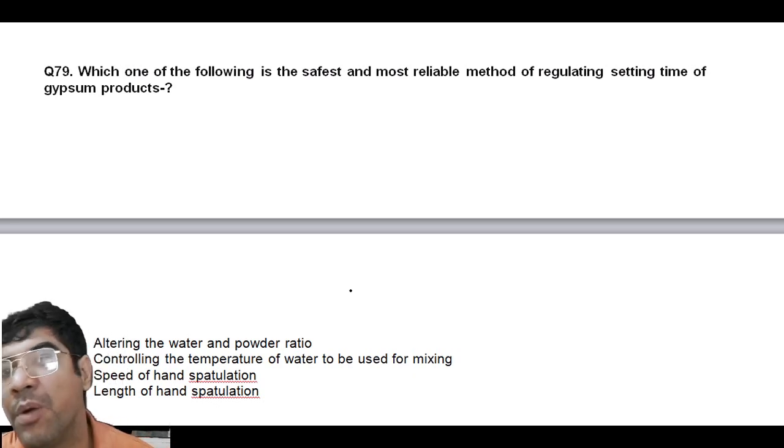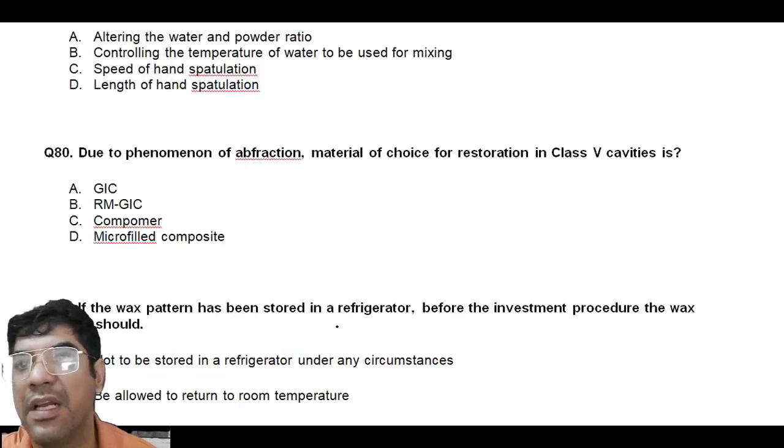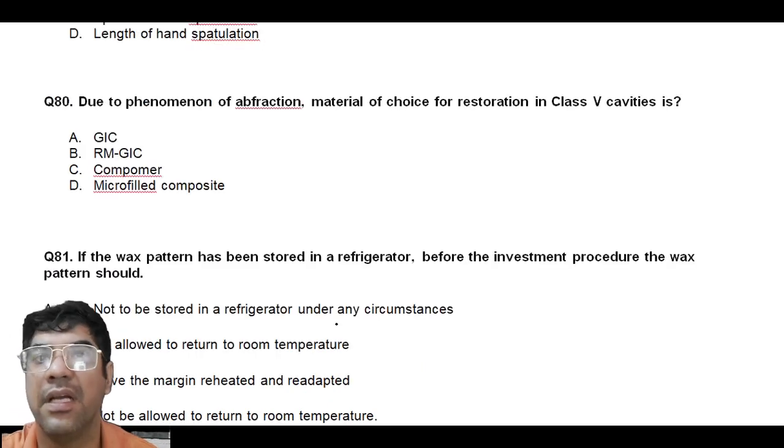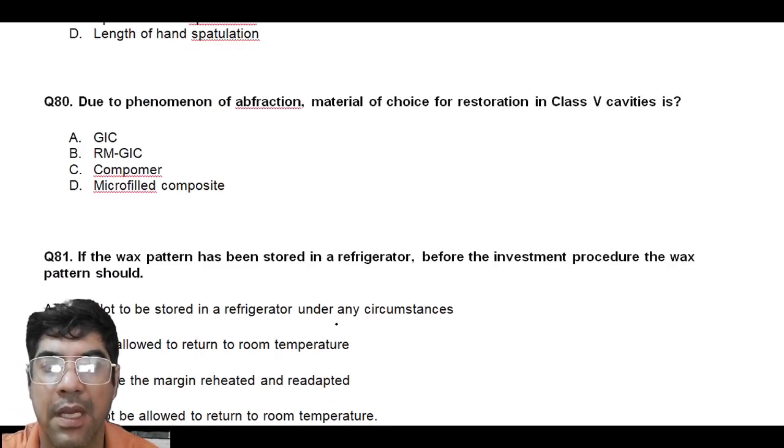So due to the phenomenon of abfraction, the material of choice for restoration in a class 5 cavity is resin, microfilled composite. Abfraction formation is presently believed to be caused by lateral forces on teeth.